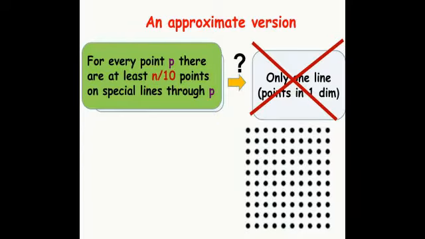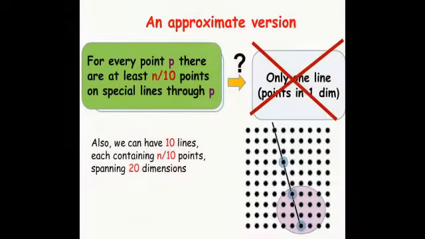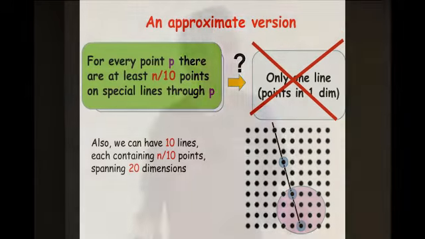For example, take the grid. In the grid, take any point; for a constant fraction of the points around it, you will find a third point on the line, if you're just close. That's one way. Another way, maybe the one you thought about: if you take 10 lines arbitrarily in space, and you put n over 10 points on each of them, that will also be satisfied.